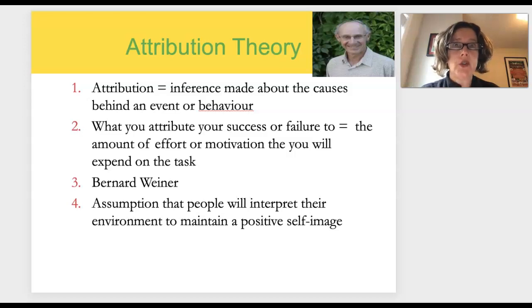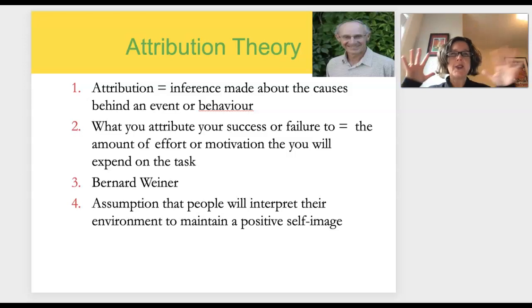That's harder to say, but it's easier to say, oh yeah, it was raining, I had a rock in my shoe. Okay, so this is number 4, the assumption that people will interpret their environment to maintain a positive self-image. So think about that when you're in a classroom with kids. They are always going to try to maintain their positive self-image in there.